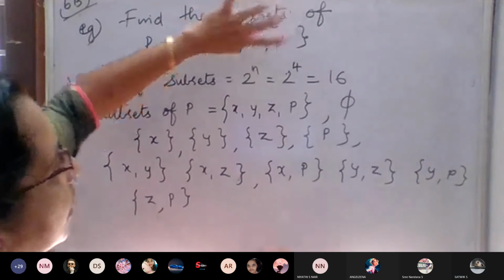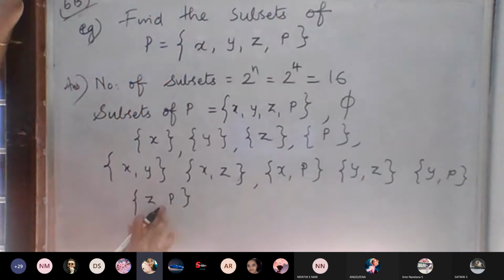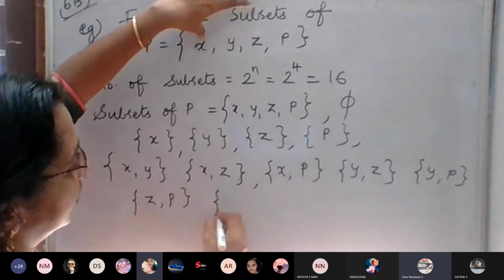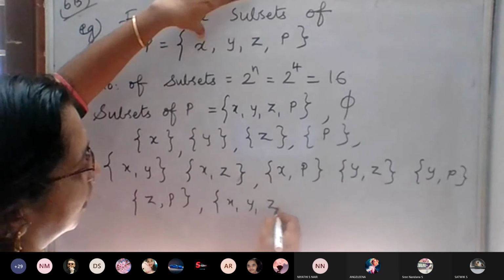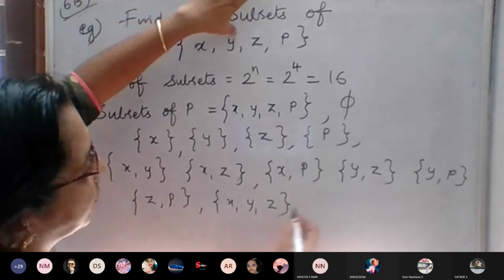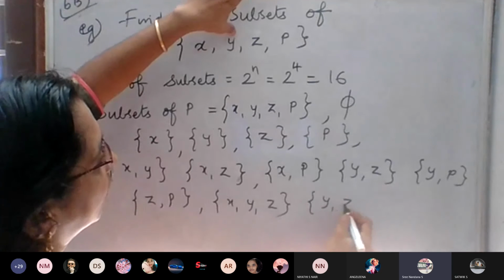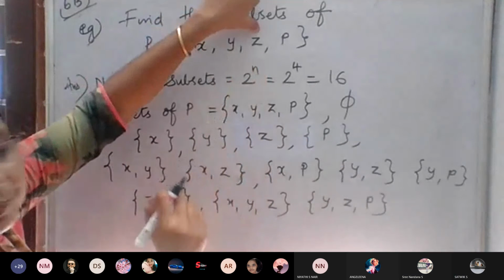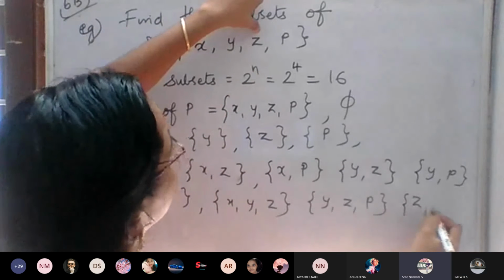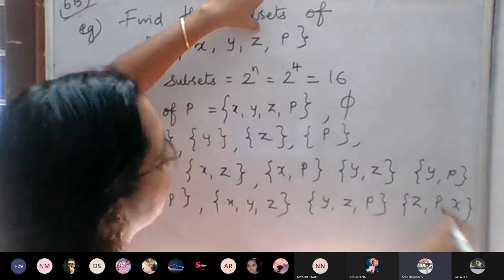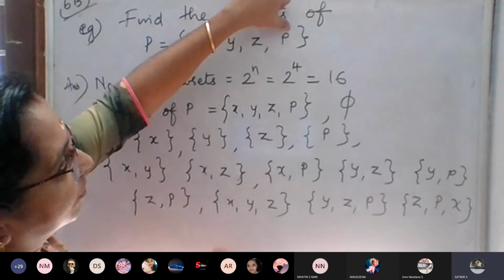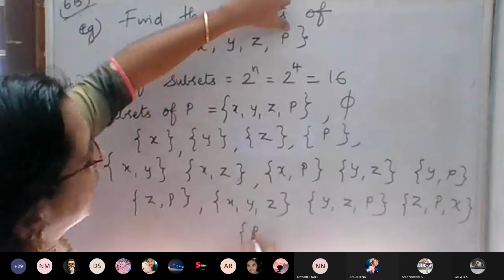Now 2 together completed. Next, three. Set XYZ, set XYP, set XZP. Then next Z, set YZP.